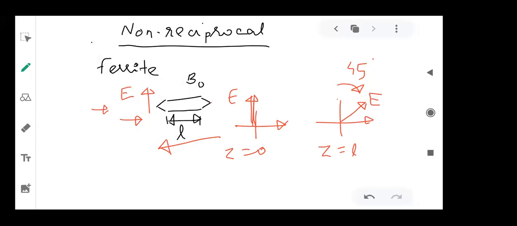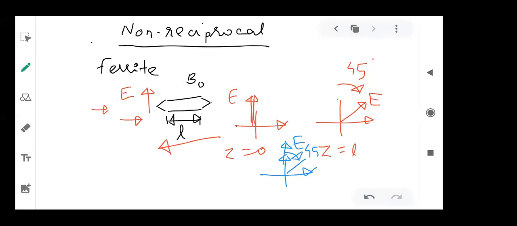The moment it comes back on the left-hand side, the electric field will once again move by 45°, that is true, but the direction in which the field rotates will once again be clockwise only.